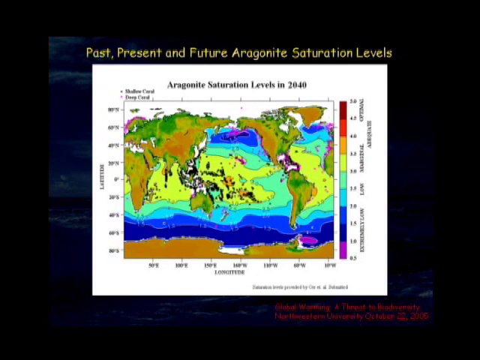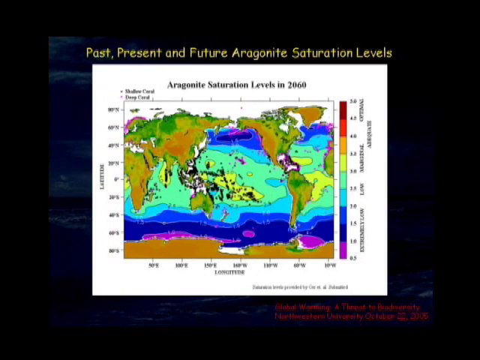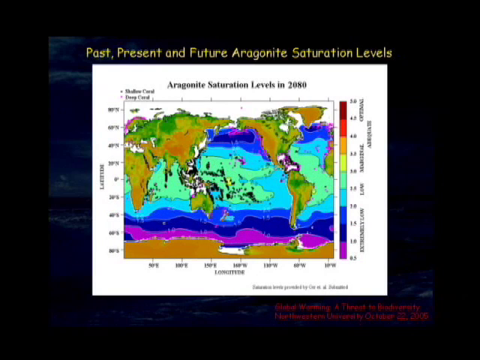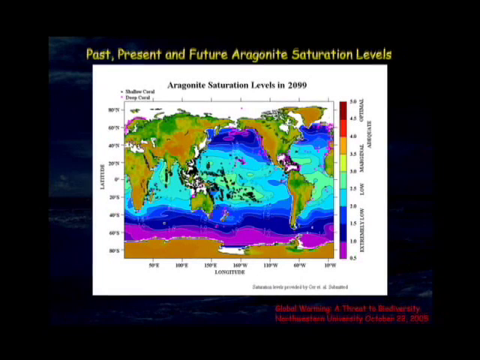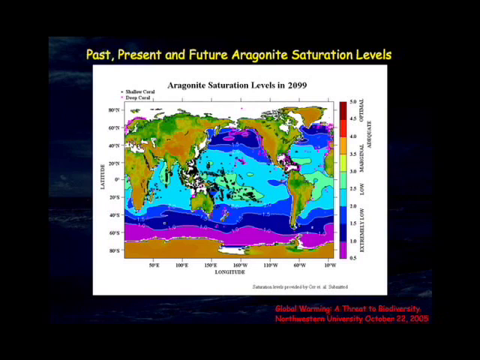If we extend this out into the future using the business as usual scenarios to 2050, we see now that all the coral reef systems are in a low to marginal condition, and the high latitude systems are in stress. And if we take it out to the end of the century, we see the entire world ocean coral reef systems are severely impacted.